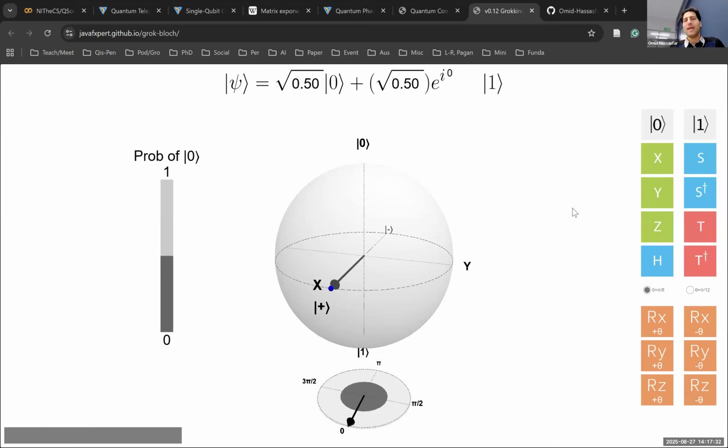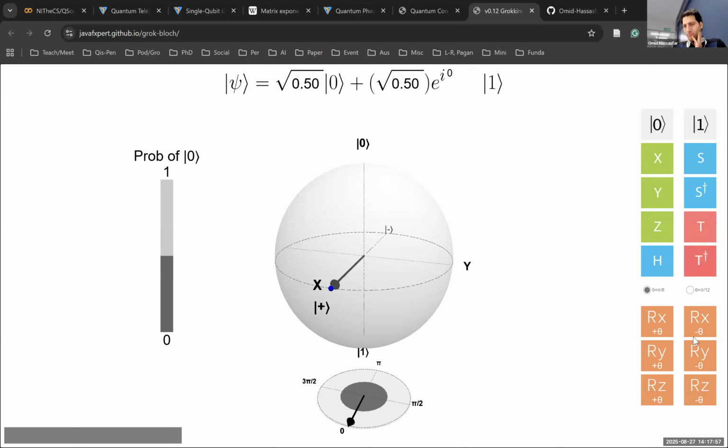Unitary operator means the inverse of an operator is exactly equal to its dagger. This dagger, which means conjugate transpose of a matrix, is exactly equivalent to the inverse. That's why when I apply T, for example, and then T dagger, it goes back to the initial state.